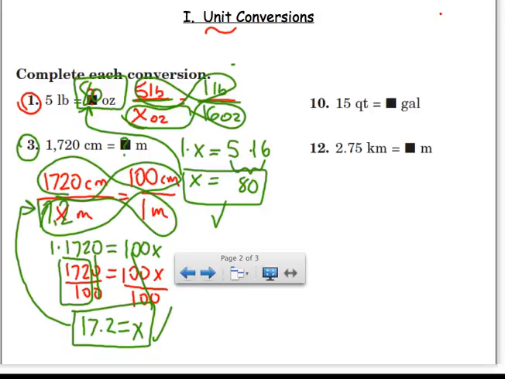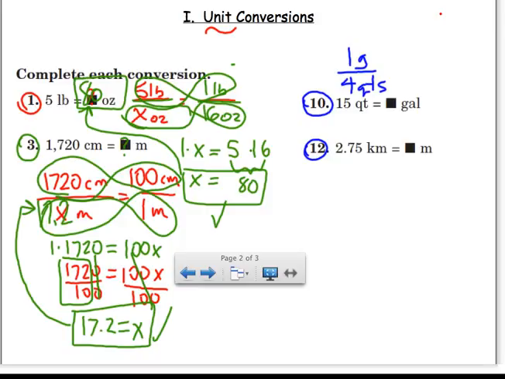Okay, at this point, we're already getting to guided practice. I'd like you to complete 10 and 12. But before you do, I'm going to give you the hint that for these problems, it's going to help if you know that for number 10, 1 gallon is the same thing as 4 quarts.